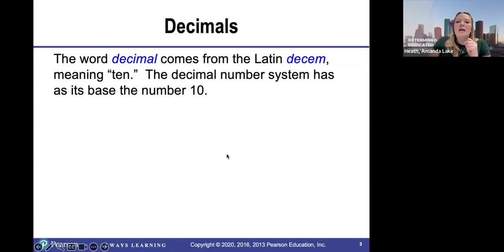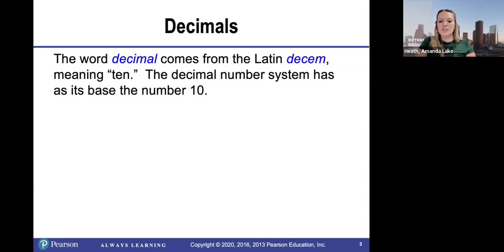Just a little history. The word decimal comes from the Latin decim, meaning 10, and the number system we use has its base number as base 10. If you ever do any computer programming, you might know binary, which is base 2.